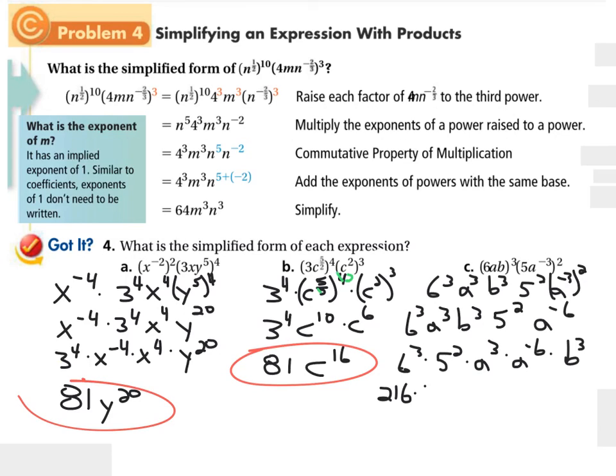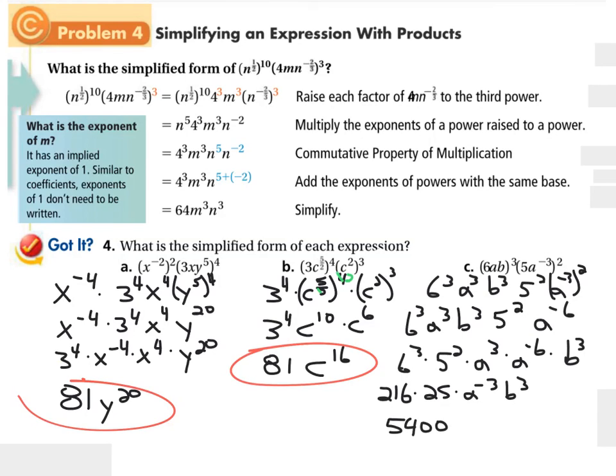And 5 to the second power is 25, times, we're going to combine these two, 3 plus negative 6, a to the negative 3, and b to the third. Now, if we multiply 216 times 25, which is a legit thing to do at this point, you can write it out longhand, but it's 5,400.